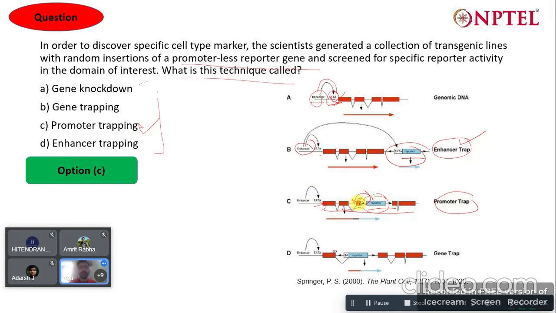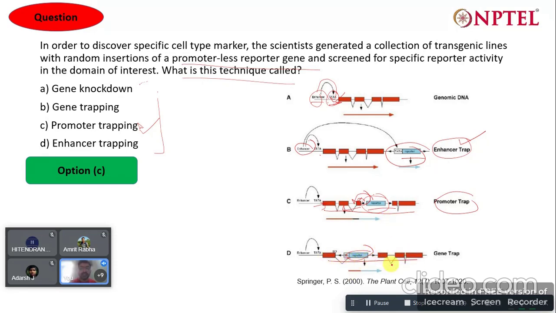Okay, and in the gene trap mechanism, what we do is we generally use the splicing mechanism, and the splice acceptor site is introduced into a reporter, and during splicing, this reporter gene is introduced into the normal gene of the plant.